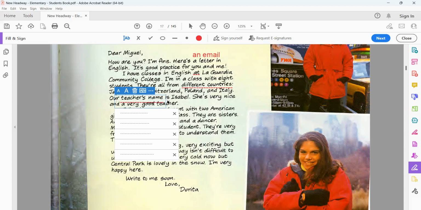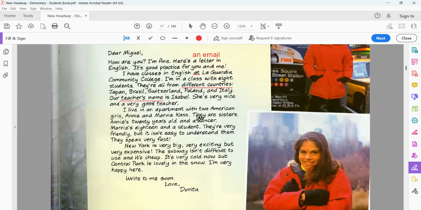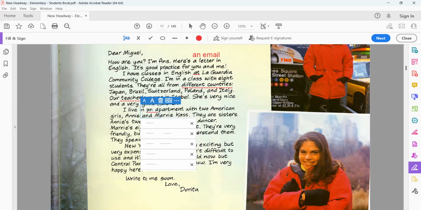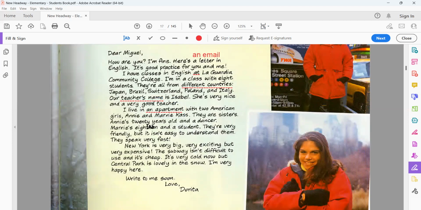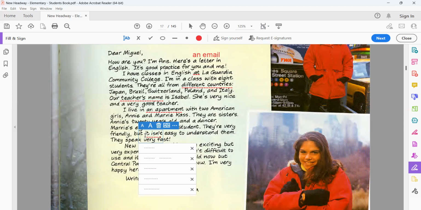I live in an apartment with 2 American boys, Bobby and Matt Cass. They're brothers. Bobby's 20 years old and a policeman. Matt's 18 and a student. They're very friendly, but it isn't easy to understand them. They speak very fast.